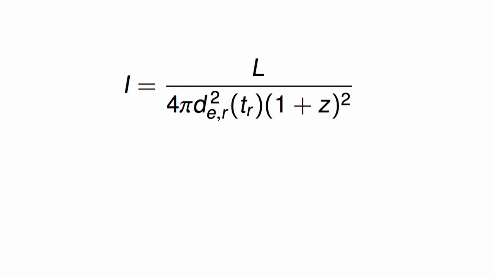So this is how I use this formula. With standard candles and directly measurable quantities, I can deduce the distance. So this is the crucial cosmological version of basically how objects dim as they go farther away, and that is a crucial part of how we actually reconstruct how far objects are away.